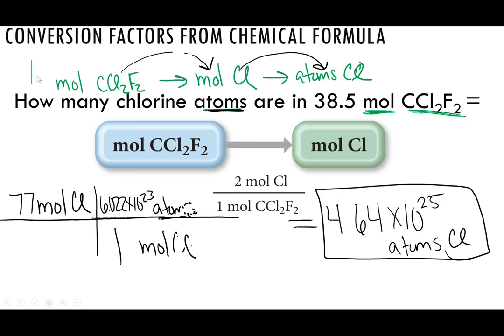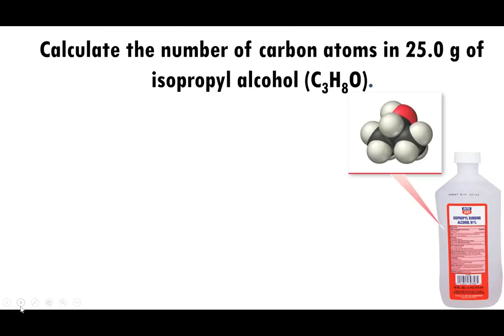So again, the new step is breaking down the compound to individual elements, and we do that in the unit, the mole. And then that last step was review. So why don't you guys go ahead and see if you can knock out this problem. Go ahead and pause the video, work it out, and then I'll quickly work it out with you.